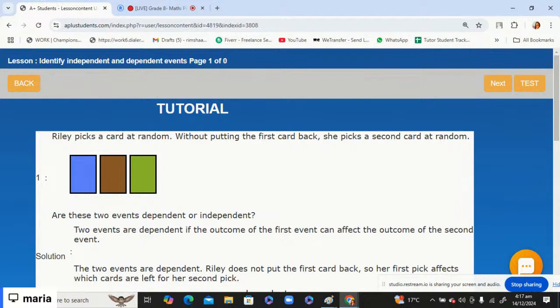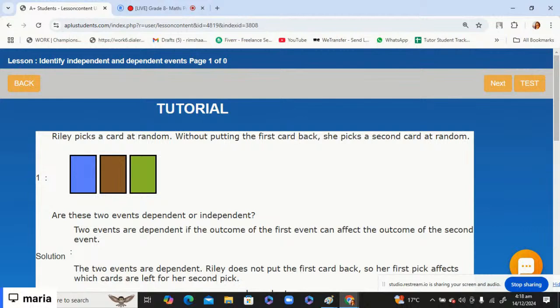There are three cards given, and without putting back the first card, she picks a second card at random. So these two events are dependent on each other. Okay, they depend upon each other. Because the outcome of the first event can affect the outcome of the second event. So the two events are dependent. It means they depend on each other.